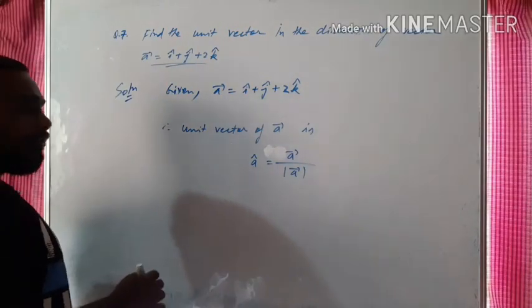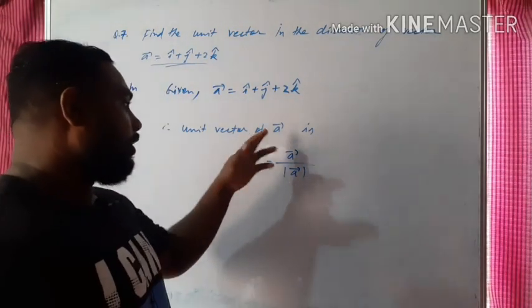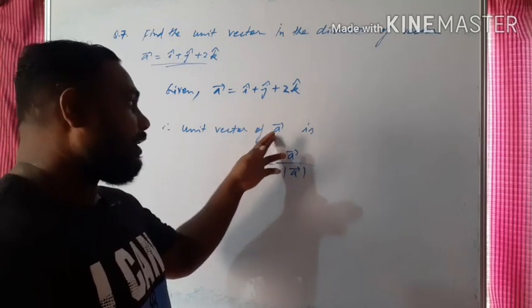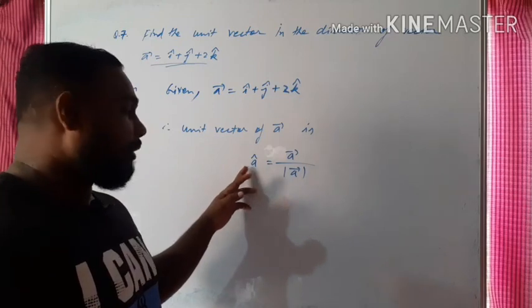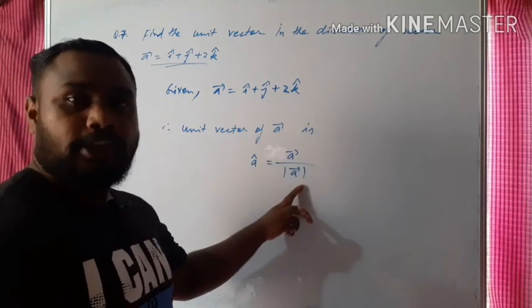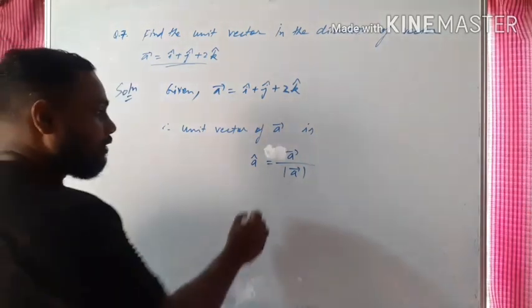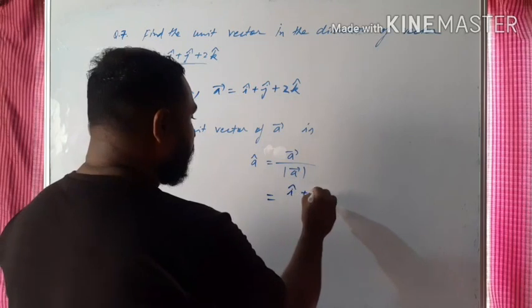This is the formula of any unit vector. If a is any vector, then the unit vector will be denoted by a cap and it will be given by a bar by magnitude of a bar. So here just substitute the values.